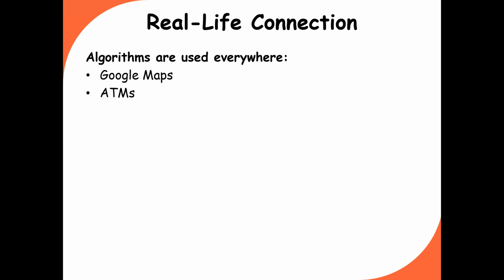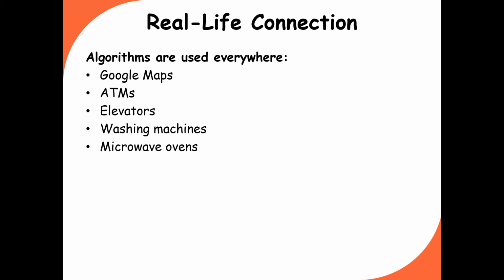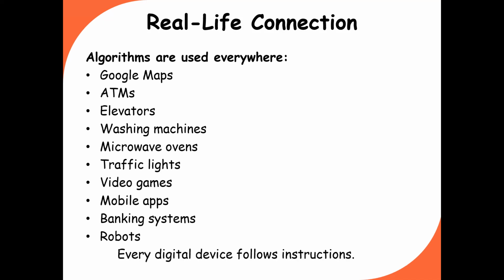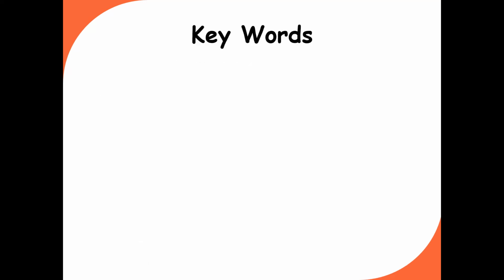ATMs, elevators, washing machines, microwave ovens in the kitchen, traffic lights, video games, mobile apps, banking systems and robots all use algorithms. Every digital device follows instructions.